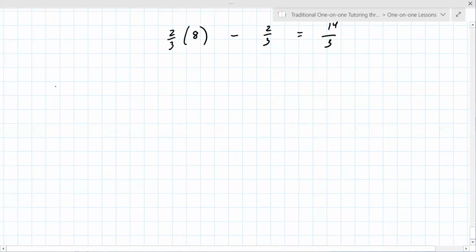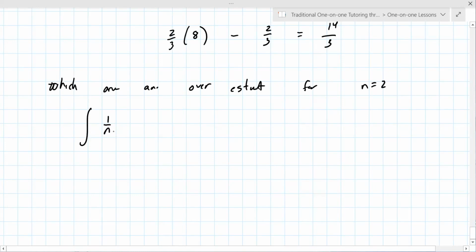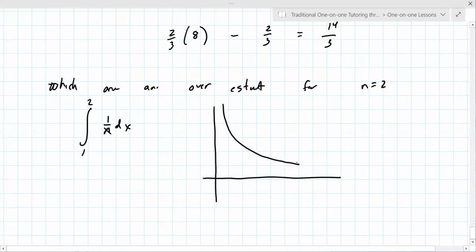All right, so which are an overestimate for n equals 2. Well, I'm not going to write this. So I want you to integral 1 over x dx from 1 to 2. But I basically just wanted you to see, do you remember what the graph of this looks like? For 1 over x? Remember that it looks like this. I think so, yeah.